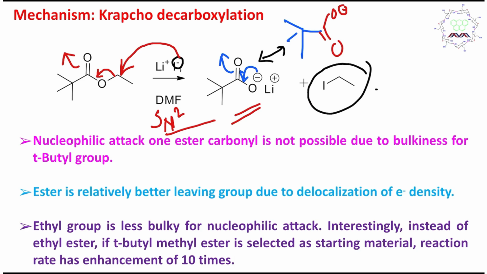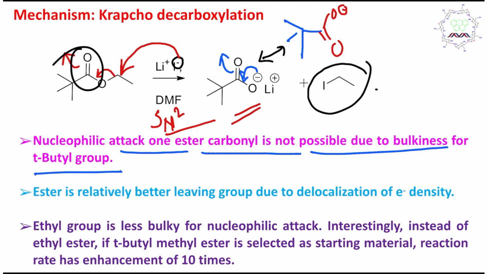So in this case what actually happens, the nucleophilic attack on the ester carbonyl is not possible due to bulkiness of the tertiary butyl group. As I told, you may think that sir, iodide can attack this carbonyl group. No, not possible because of the bulkiness of this group. So nucleophilic attack is not possible there, it attacks this carbon.